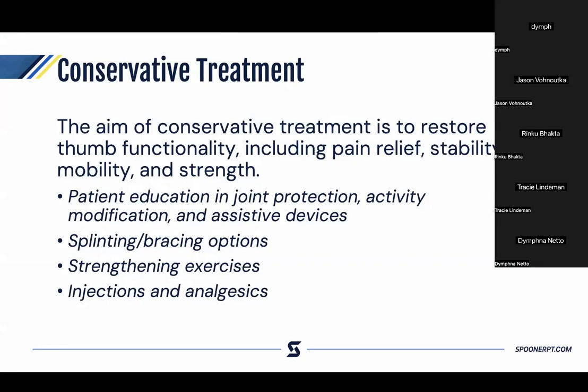I will elaborate on this in the coming slides, but what we're going to look at is patient education in joint protection, activity modification, and assistive devices. We're going to look at some splinting and bracing options, and talk a little bit about strengthening exercises, and then Dr. Netto is going to talk on injections and analgesics.